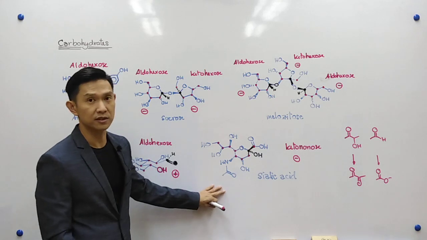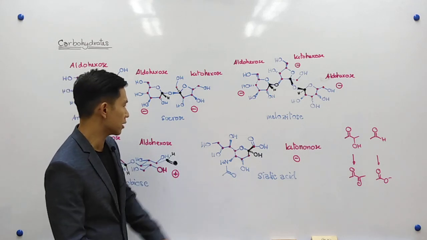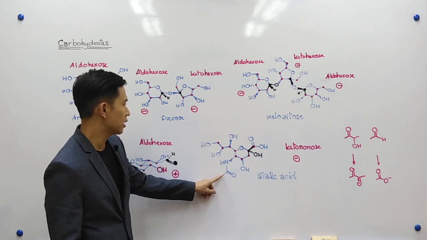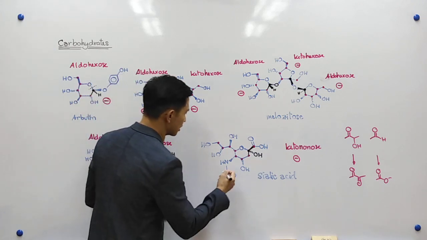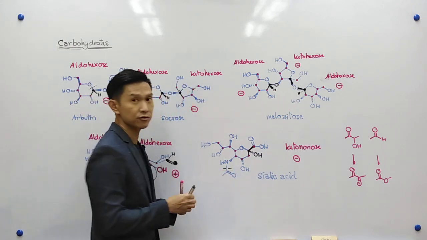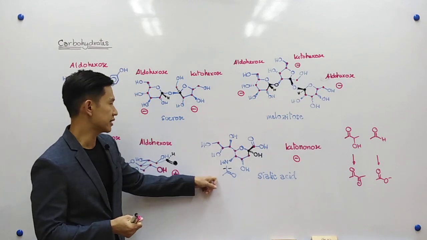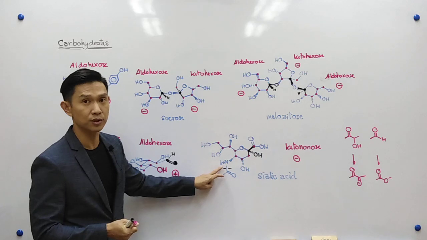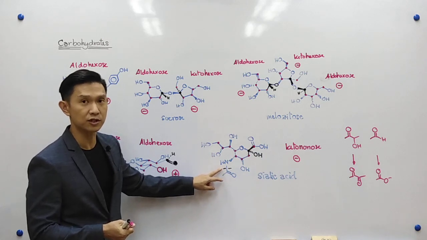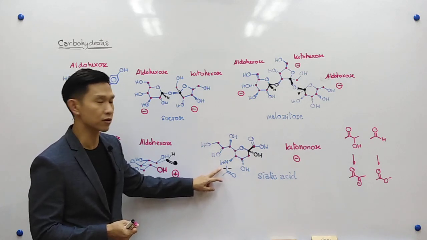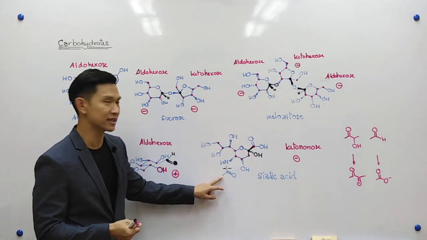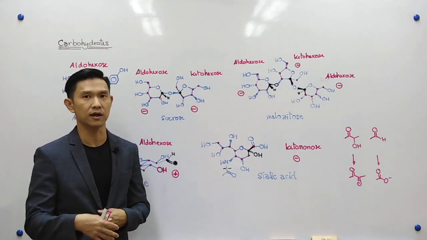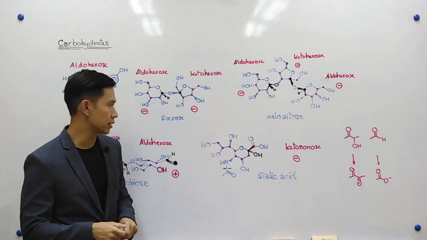This is sialic acid. Okay, I did not count the 2 carbons over here in the nonose, because they actually come from an acetate group. There is acetylation on this NH2. Previously this was an NH2 amino group, but this amino group was acetylated with acetic acid, maybe by acetyl coenzyme A or something like that.